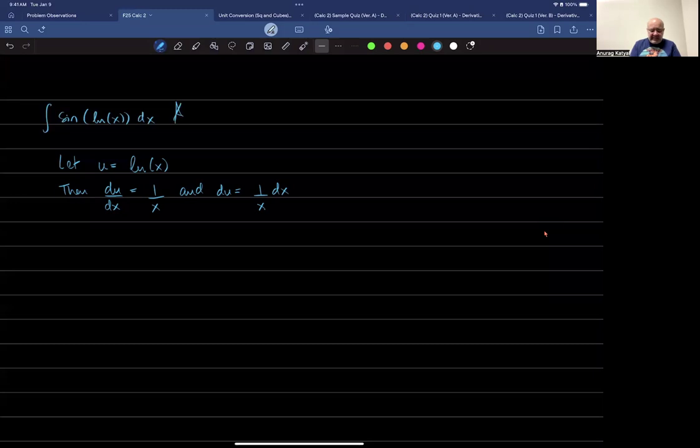The problem is, if I start to move this to u land, I can rewrite this problem as sine of ln of x turns into u. And now I have a dx here. But in order to rewrite this problem as a du, I have a 1 over x dx. I don't have just the dx.